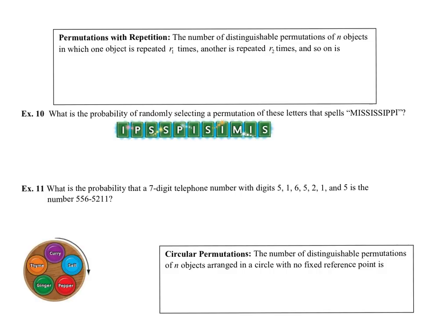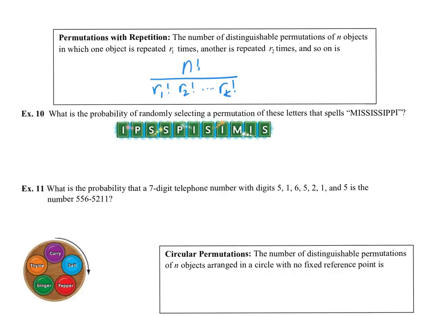That formula is going to be n factorial, now that's the number of items you have, divided by r sub 1 factorial times r sub 2 factorial times r sub 3 factorial, just keep going until times r sub k factorial. Now, one thing to notice is that this r represents the number of times that something repeats. So keep in mind that r represents the number of times that something repeats.